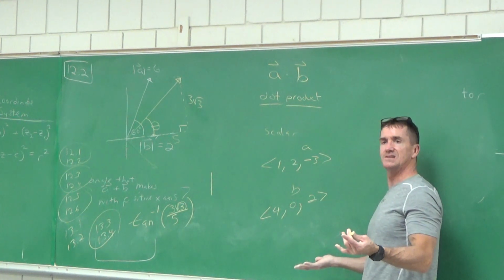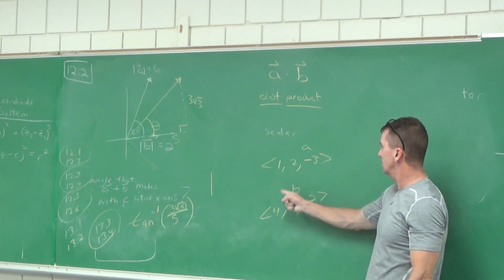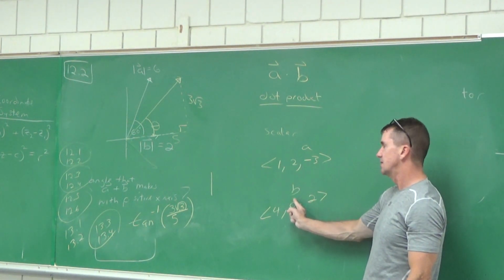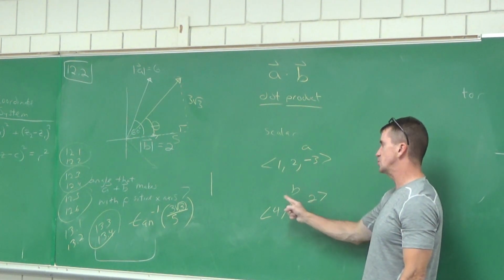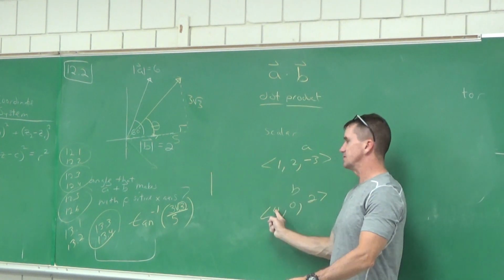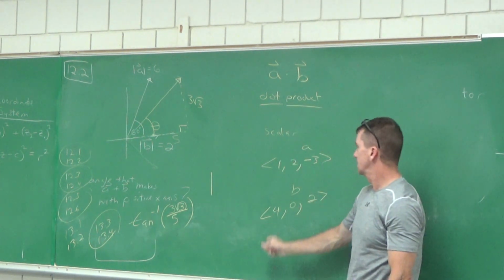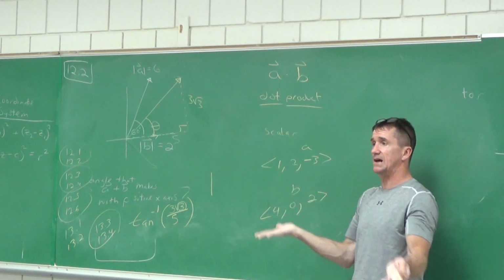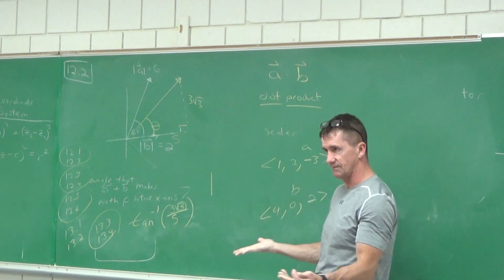You just multiply these corresponding components, and between them all, you add them up. So the definition would be this times this, plus this times this, plus this times this. And it's just the definition. That's what we call the dot product of A dot B.